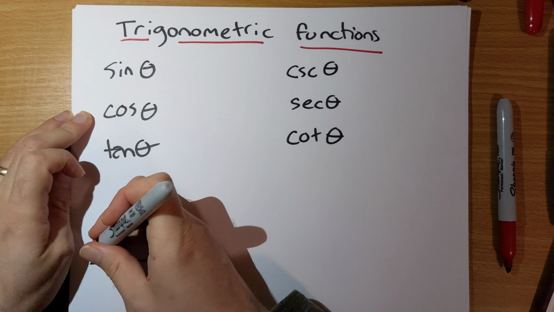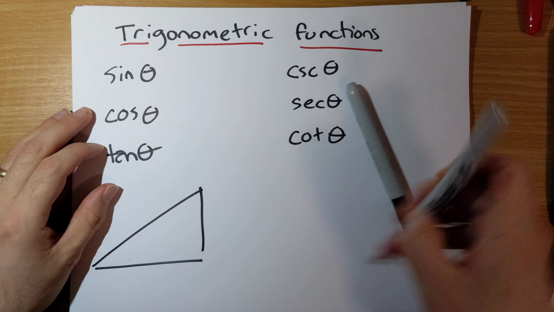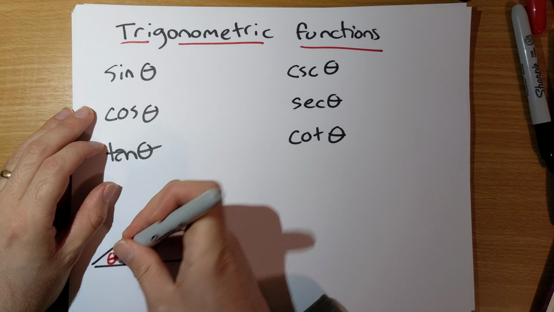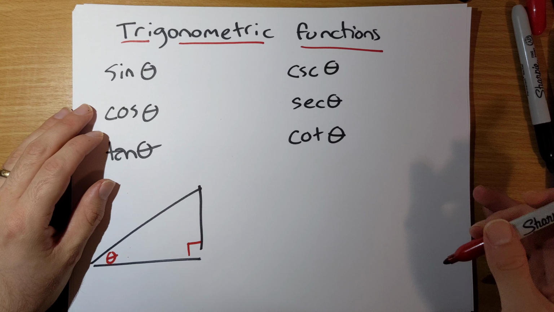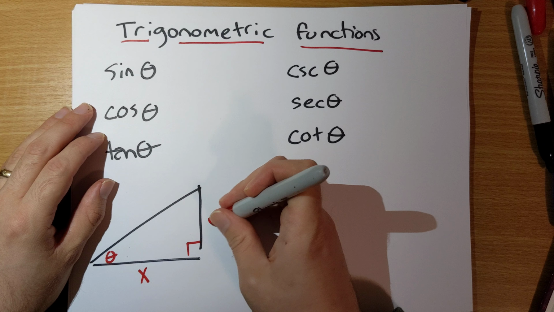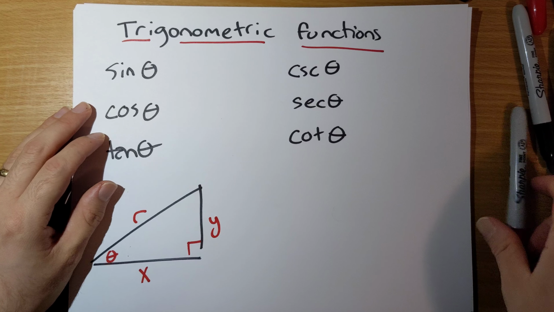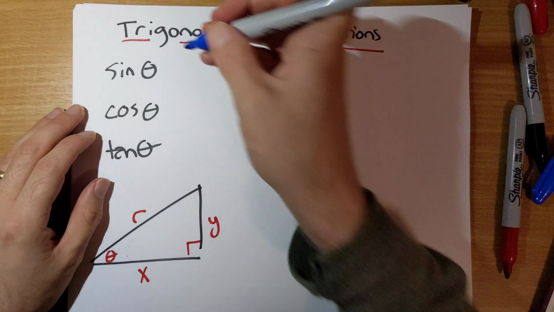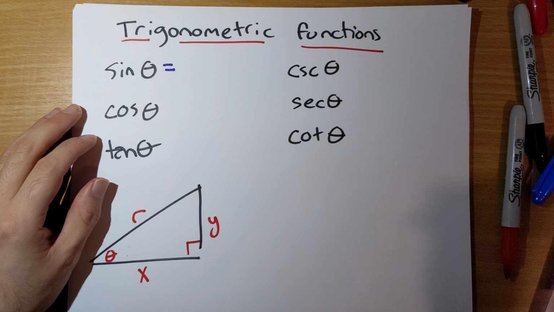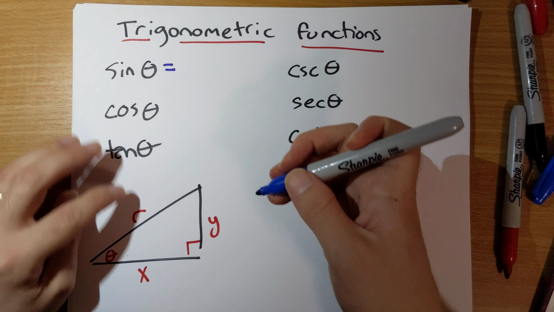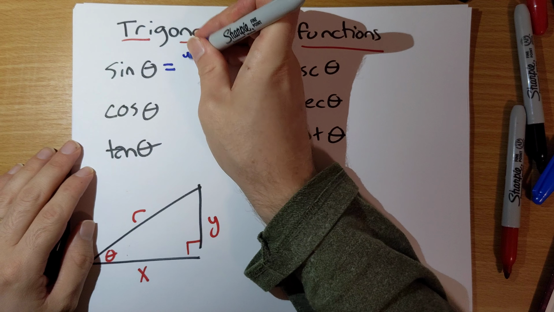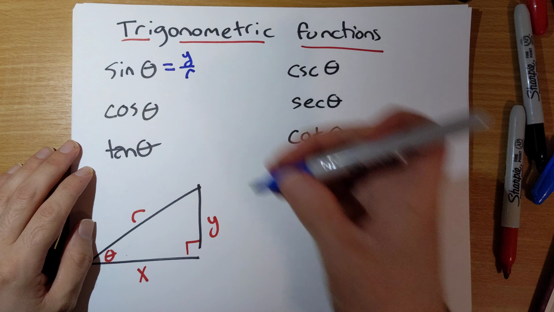If we draw a right triangle, where there is theta, and I'm going to label the sides as x, y, and r. Our definition for sine of theta is the ratio of y over r, y divided by r.